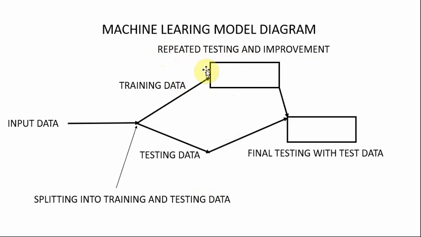It consists of training data as well as training test data, on which it tests itself and improves every time. Then finally it's tested with the testing data, and we see how accurate our prediction is.